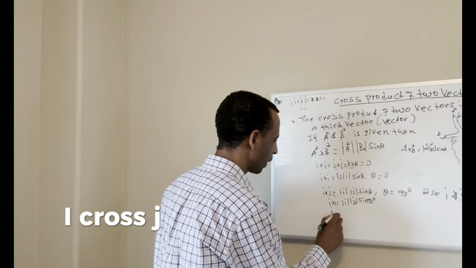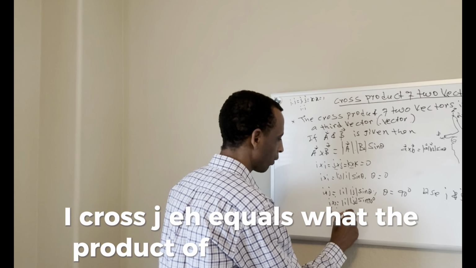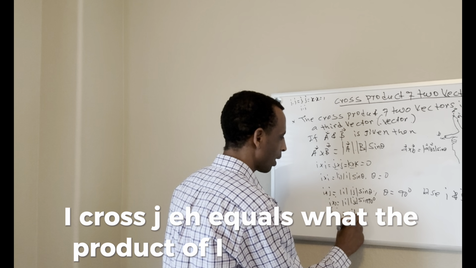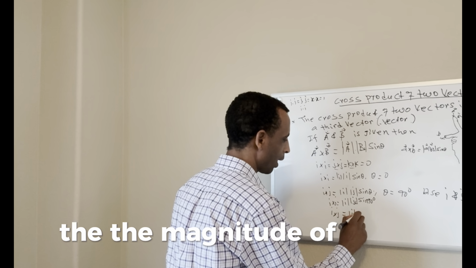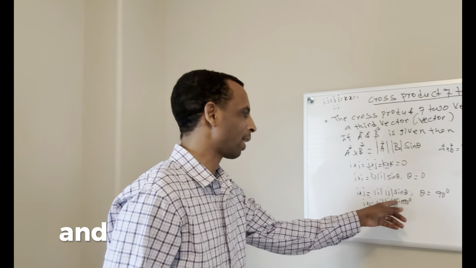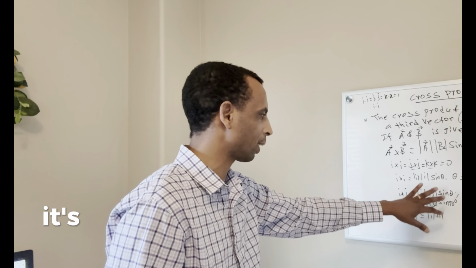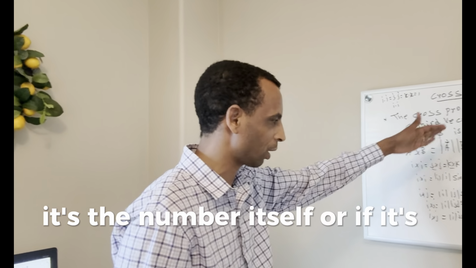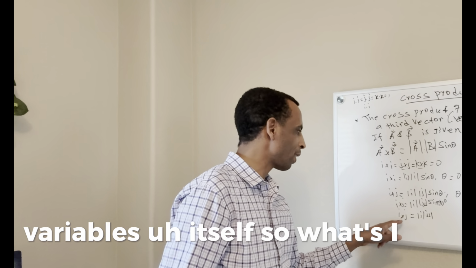I cross J equals the product of the magnitude of I and the magnitude of J and sine of 90, which is 1. When you multiply any number by 1, it's the number itself, or if it's a variable, it's the variable. So what's I dot j?